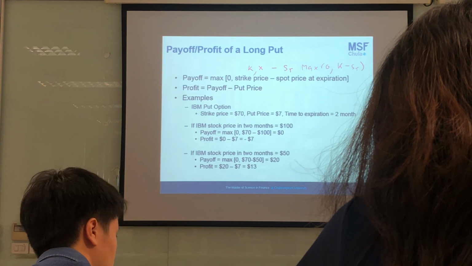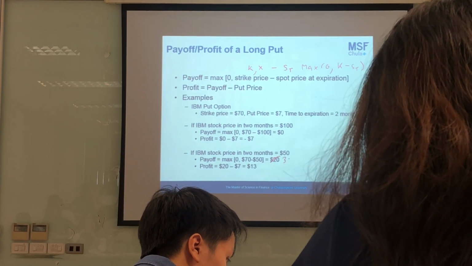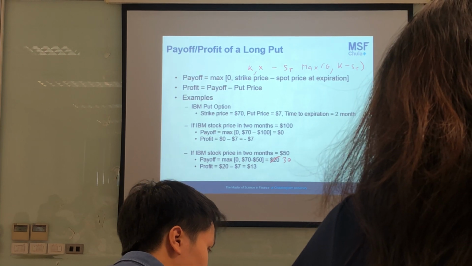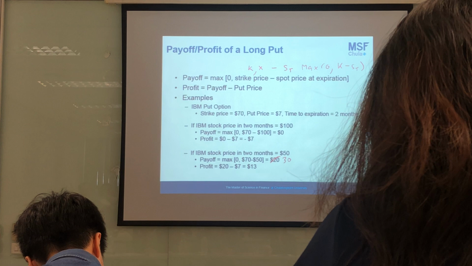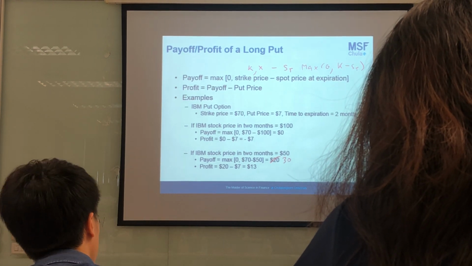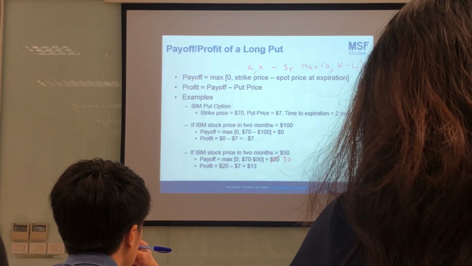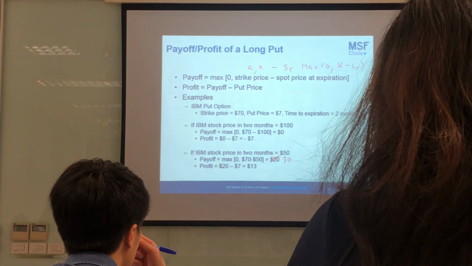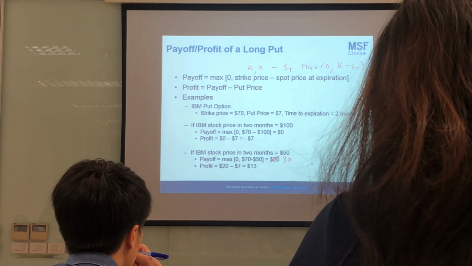Suppose that the value of the put equals 30. Then this is too high, right? So what are you going to do? You can short this put option. You get $30, and then what next?